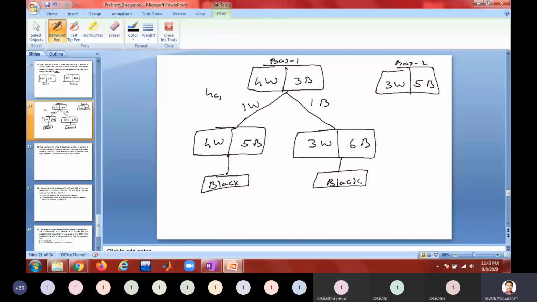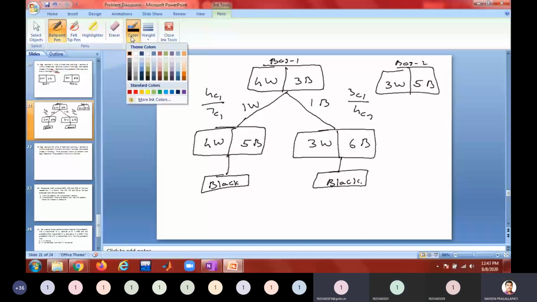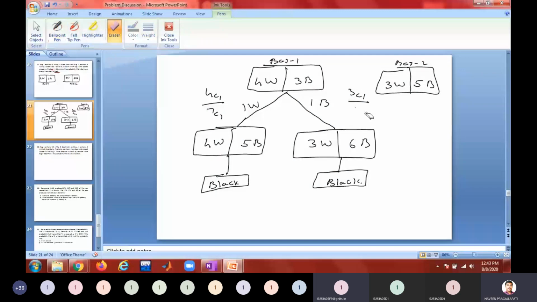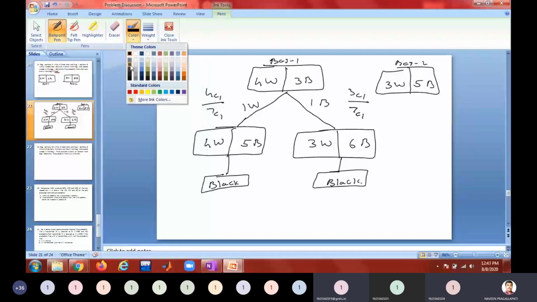What is the probability of drawing a black ball from this? 3C1 by 7C1. Okay.